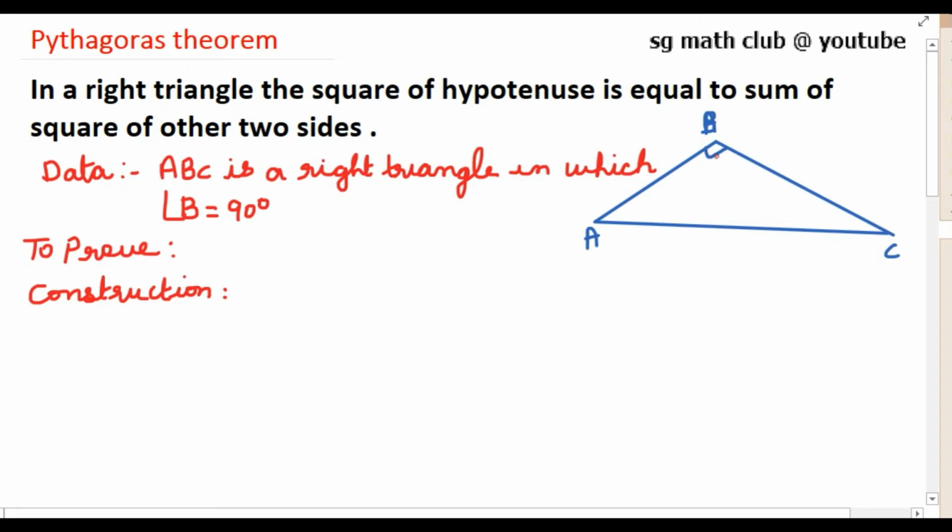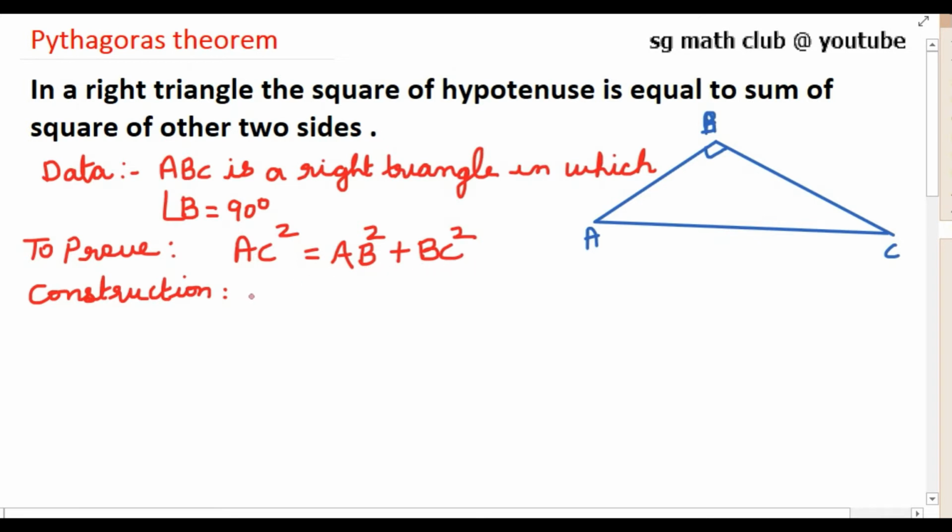That is our data. We know that the side opposite to 90 degree is the hypotenuse. So AC is our hypotenuse, and Pythagoras theorem states that in a right angle triangle, the square of hypotenuse is equal to sum of square of other two sides. So we need to prove AC square is equal to AB square plus BC square.